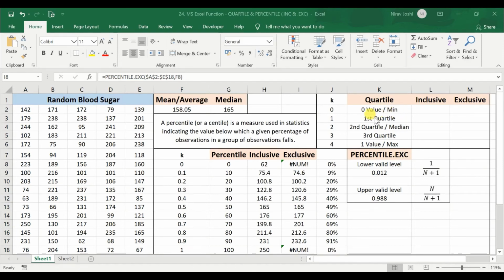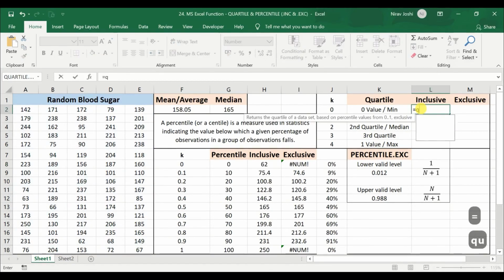So indirectly it equals the 25th percentile. Similarly, the second quartile, which is the median as well, corresponds to the 50th percentile, and the third quartile corresponds to the 75th percentile. So now we will try to calculate the quartile based on the quartile inclusive function here.